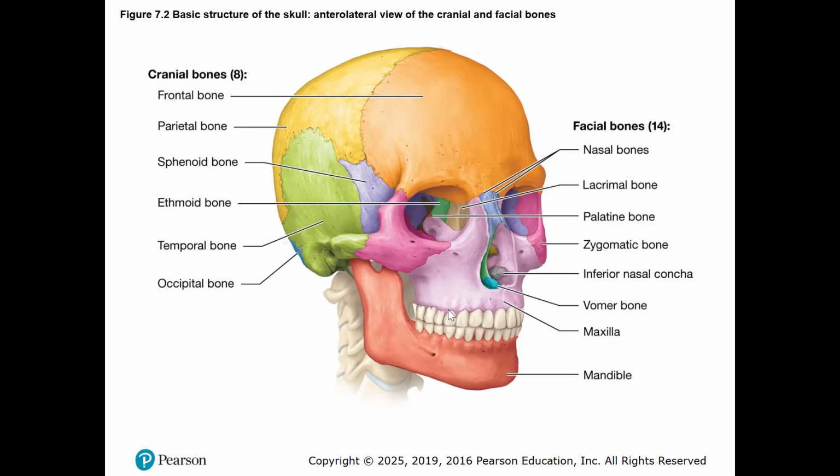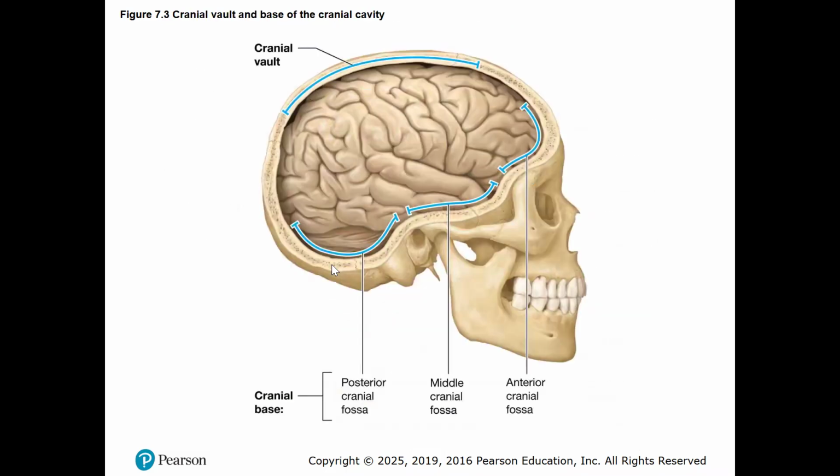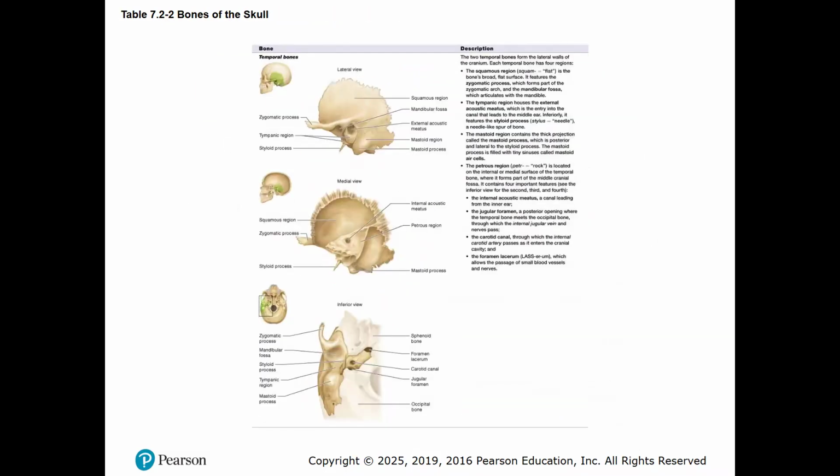All right, you see the temporal bone here in green. You have your two temporal bones that form the lateral walls of the cranium, and they are very unique in the fact of this external acoustic meatus and the tympanic region here of the temporal bone. But also when you look inside, oh, where's that picture? Right here.